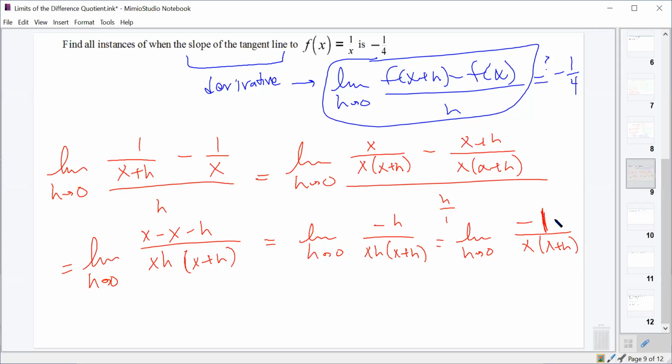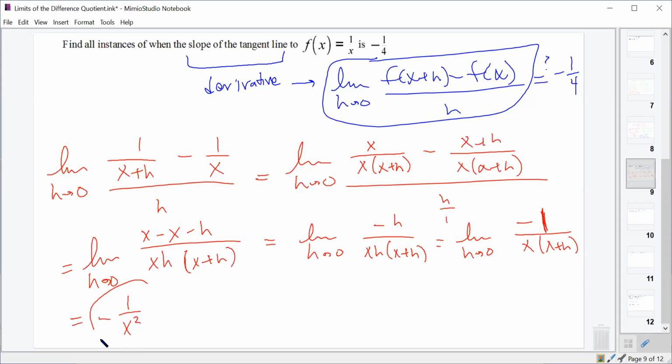Good or no? Good. All right, as h goes to 0, x plus h just becomes x, and what do we end up with? -1 over x squared.